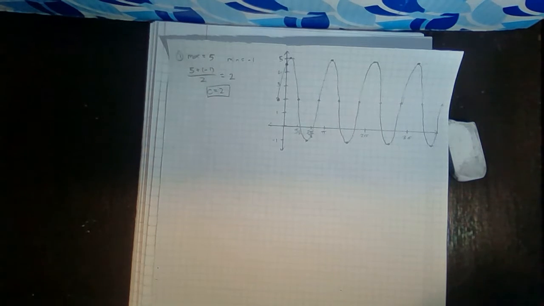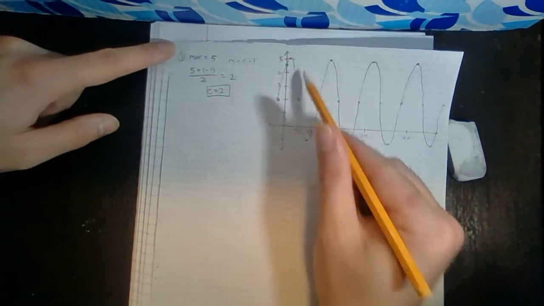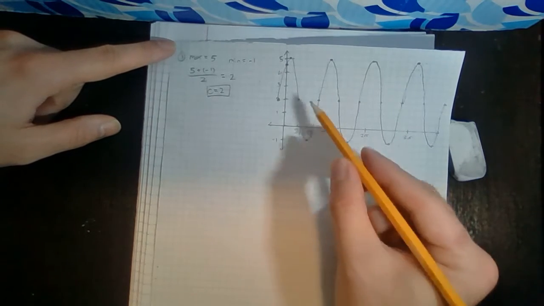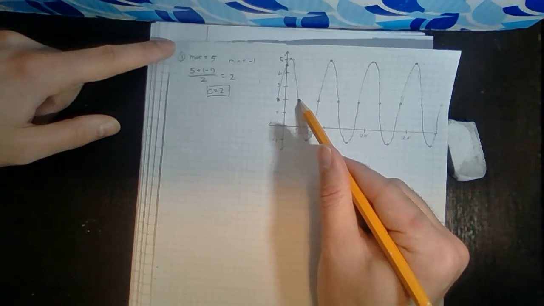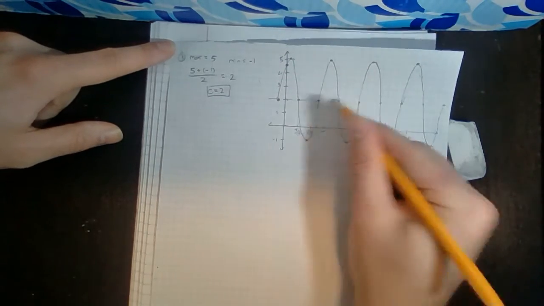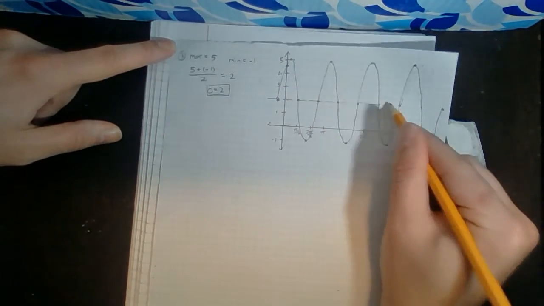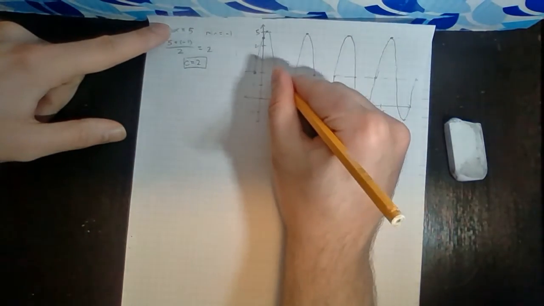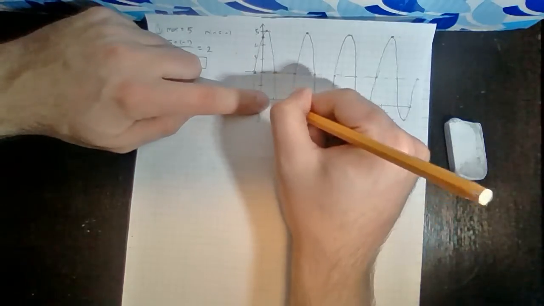Finding our D value, we need to find the period. So you can either look max to max, min to min. They're kind of in between, so it might be easier actually to go from our points on our equation of the axis that goes right through y equals 2. So here we're going down at pi over 3.